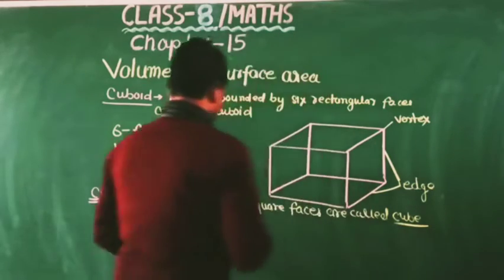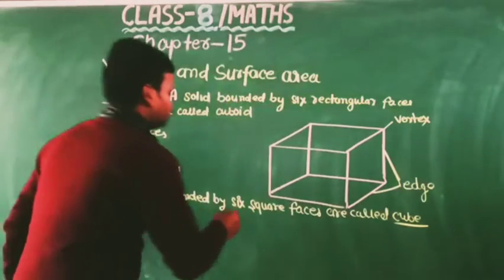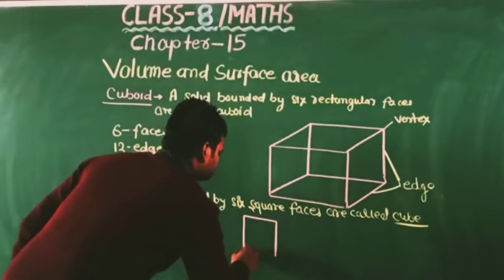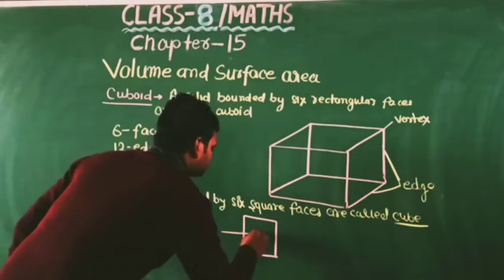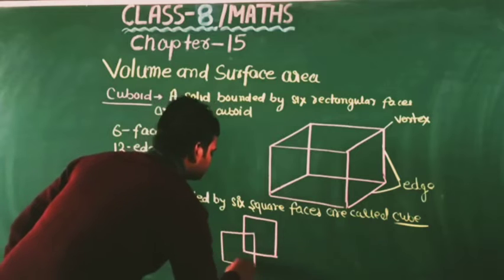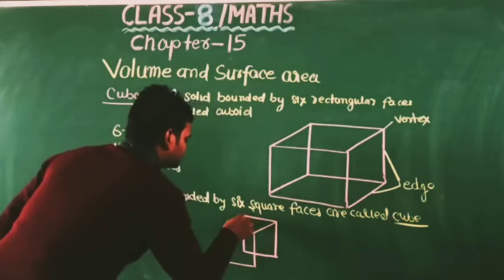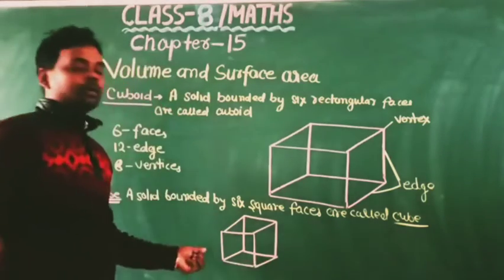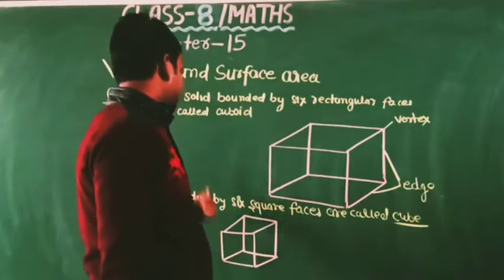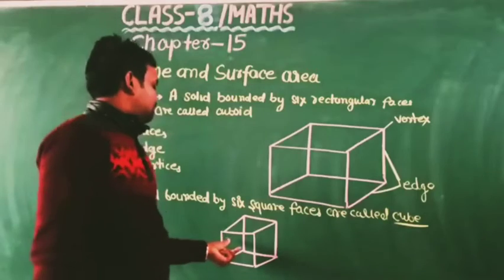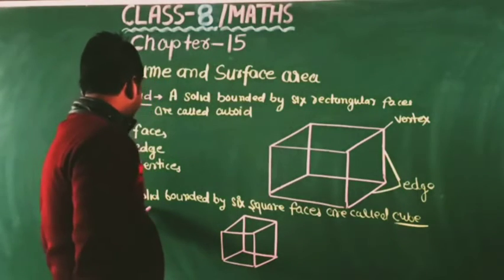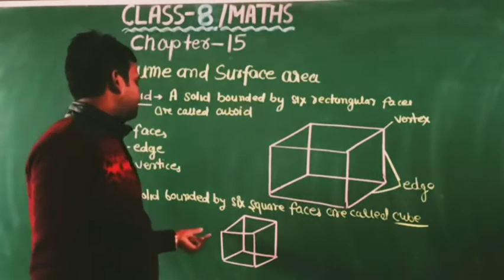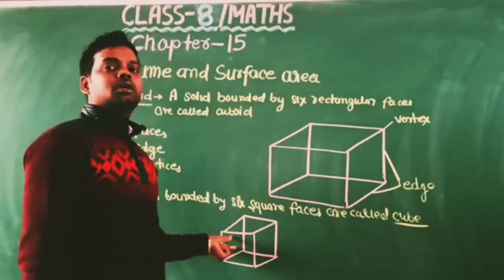Okay, the figure of the cube is the figure of cube bounded by 6 square faces. In cube we also have 6 faces.